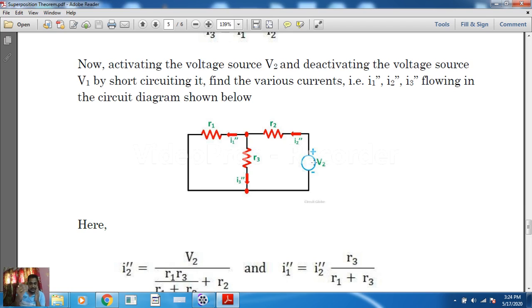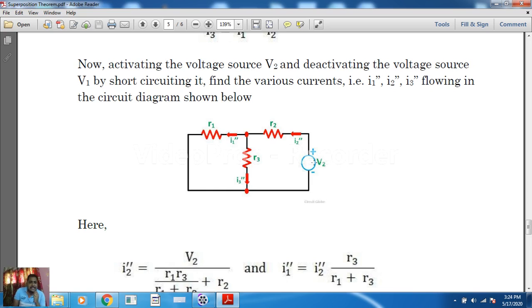Now compare the directions when only V1 is present and when only V2 is present. We can find that in both cases I3 direction is downward: when V1 is present I3 bar direction is downward, and when V2 is present I3 double bar direction is also downward.